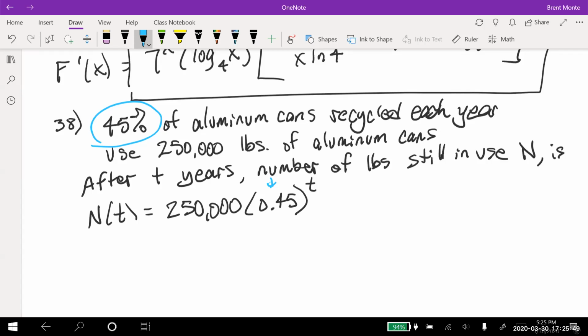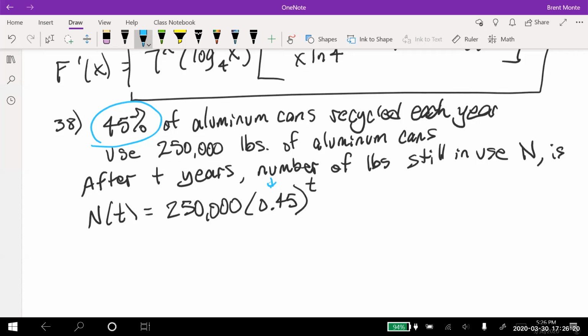So they're saying, look, after 1 year, I'm going to multiply that 250,000 pounds by 45%. That's how much there still is, because those have all been recycled. And then I would multiply that again by 0.45 in the second year. Well, that's that t, once that's a 2, that means you have 0.45 twice. And so this is a very easy way to build a function if you know how it's changing each time.